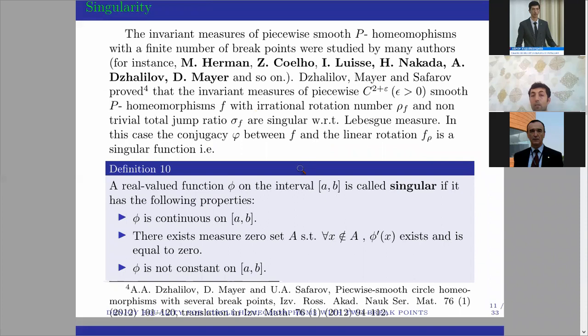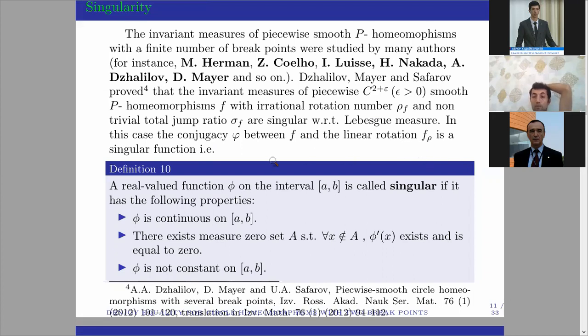Dzhalilov, Mayer, and Safarov, in their work, proved that the invariant measures of a PL homeomorphism F with irrational rotation number rho and non-trivial total jump ratio from the class C^{2+epsilon} are singular with respect to the Lebesgue measure. In this case, phi, the conjugation between the homeomorphism F and the linear rotation F_rho, is a singular function.